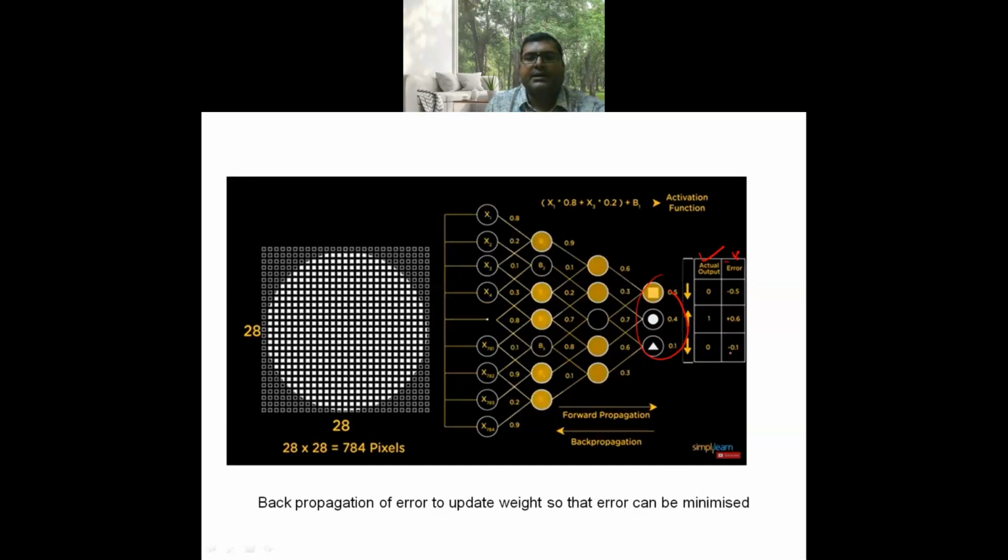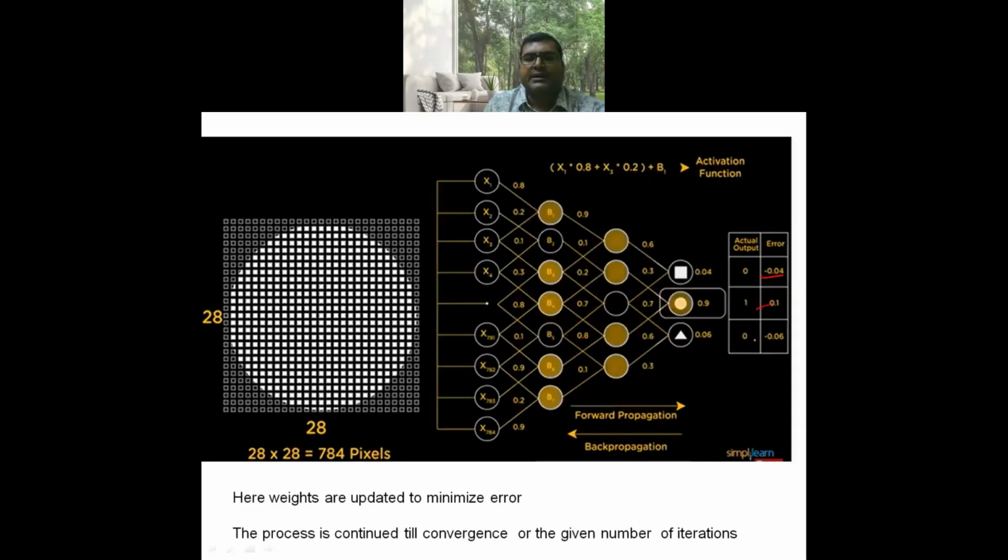In the next iteration the weights will be updated so that the error will be minimized. In most cases the artificial neural networks converge slowly, and around thousands of iterations are required to converge to a particular problem.